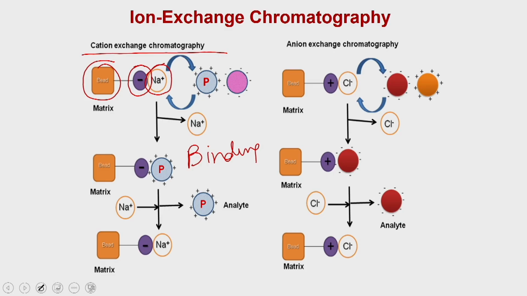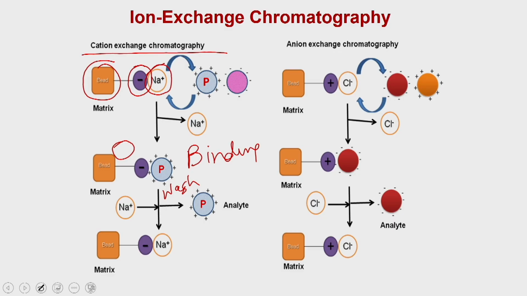Now, once the binding is over, you can wash. When you wash, the proteins which bind to these beads because of non-specific interactions are removed. Because these beads are made up of agarose or Sepharose or some other kind of material, they also have some non-specific affinity for proteins.